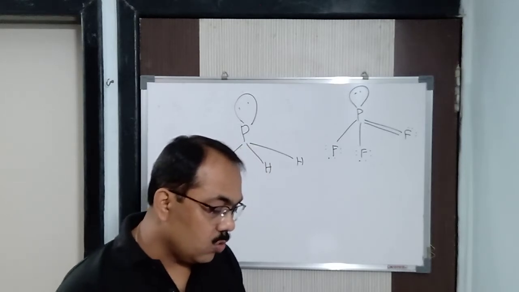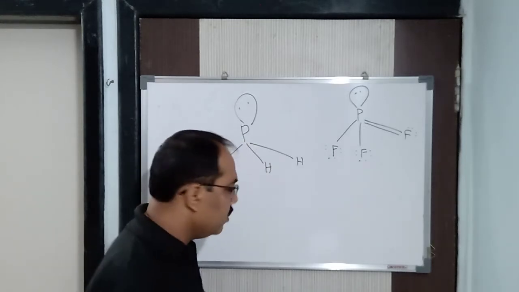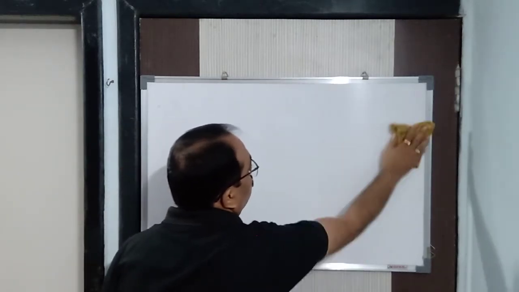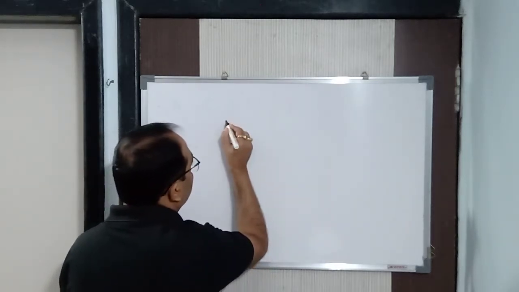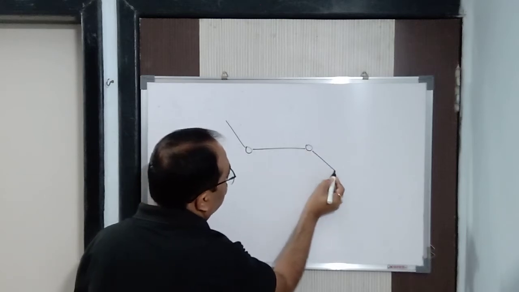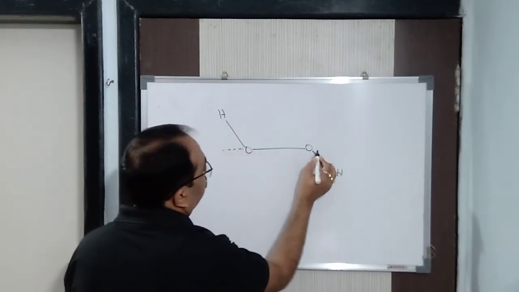Now, next is, the H2O2 molecule has an open book structure. What do we mean by that? If you see the structure of the H2O2 molecule, here is oxygen, here is hydrogen, here is hydrogen.